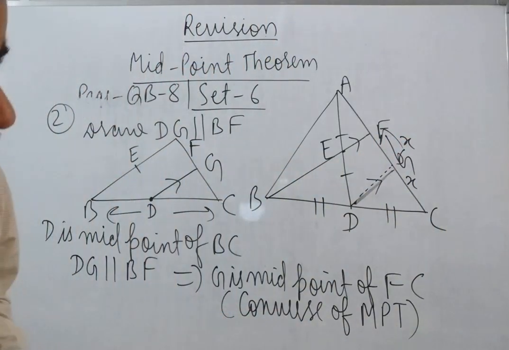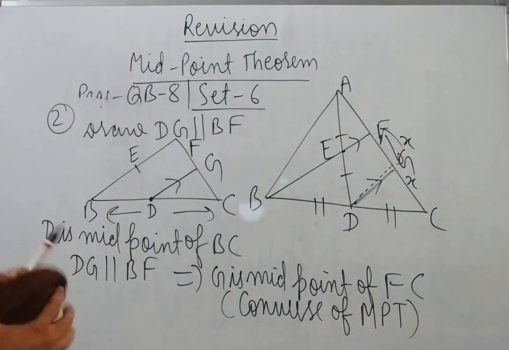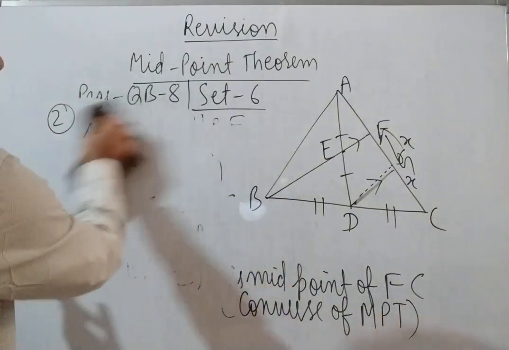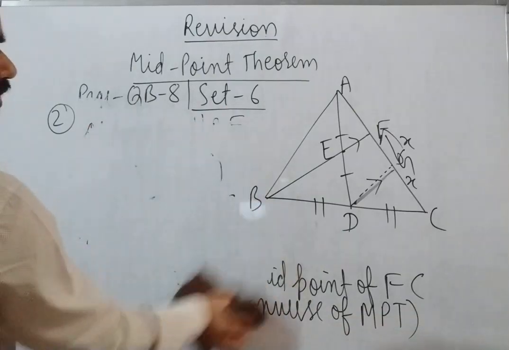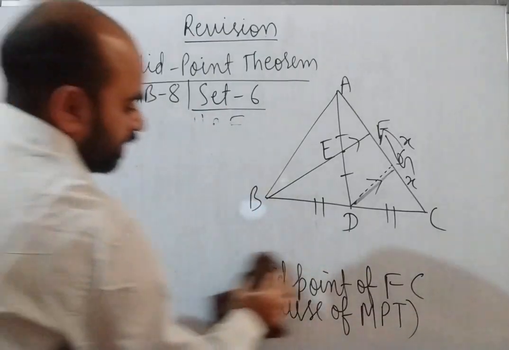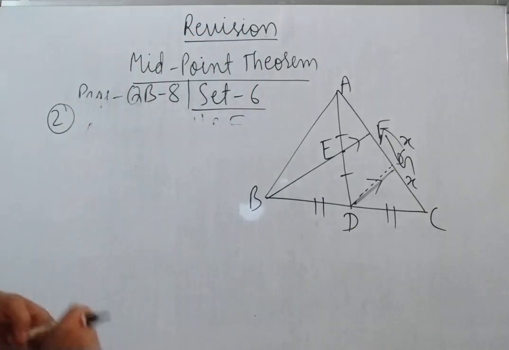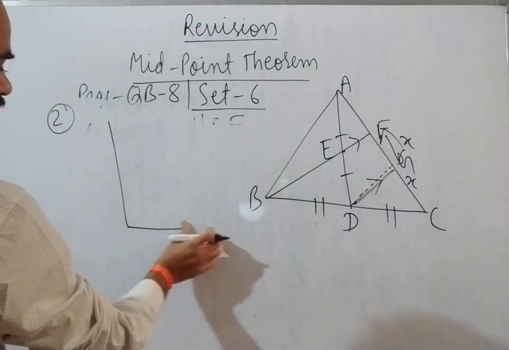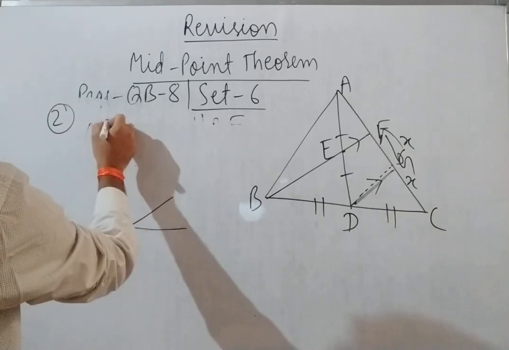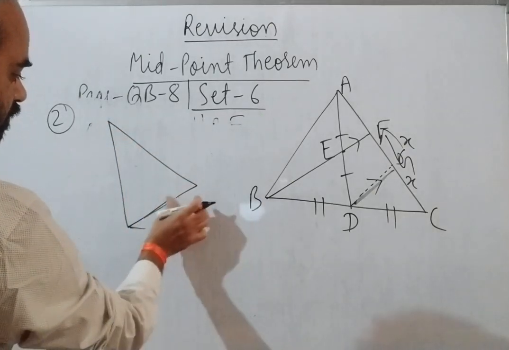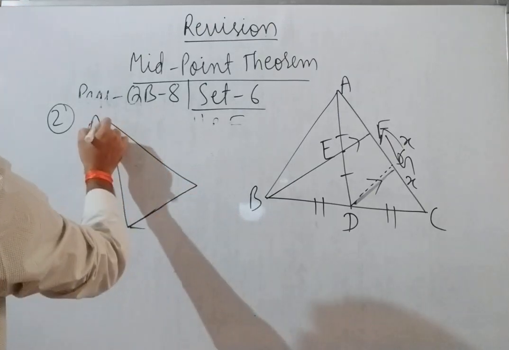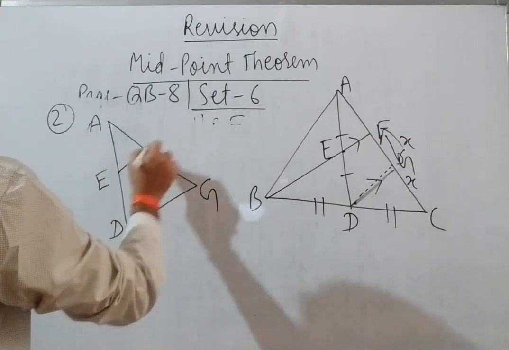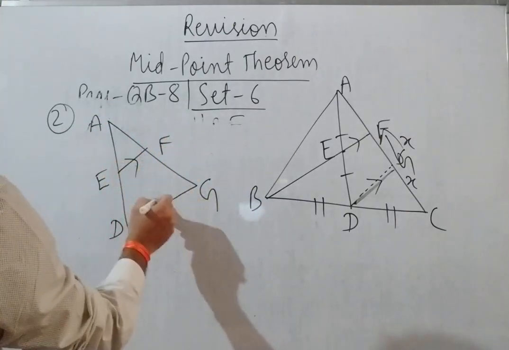Correct? Next we can apply, now take the triangle ADG. See, ADG, this triangle. Sorry, not this, ADG. So A, D, G, E, F. Already these two are parallel.